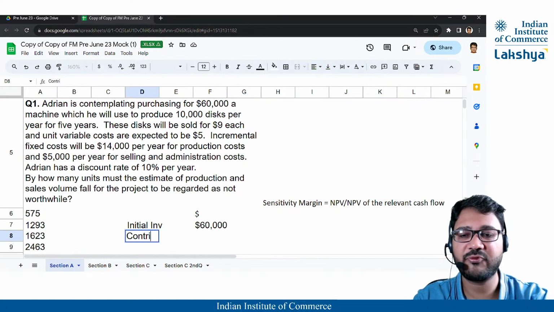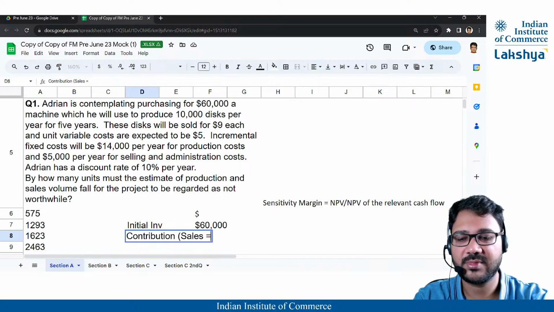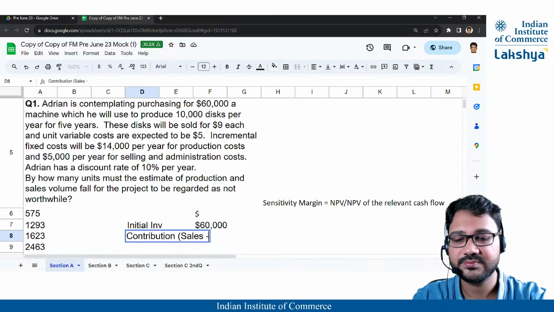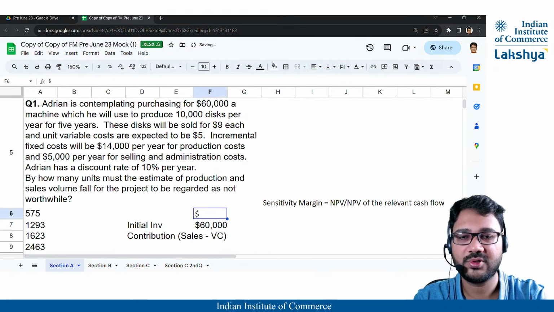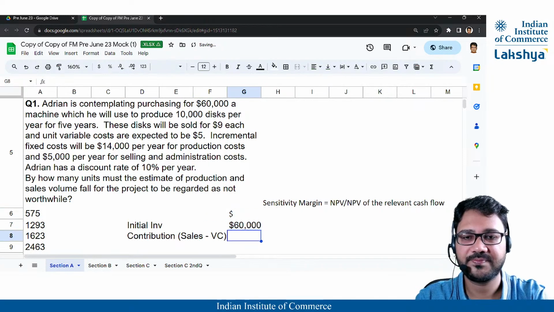So firstly, we are finding contribution, this is nothing but sales minus variable cost. Let me just take all of this over here.